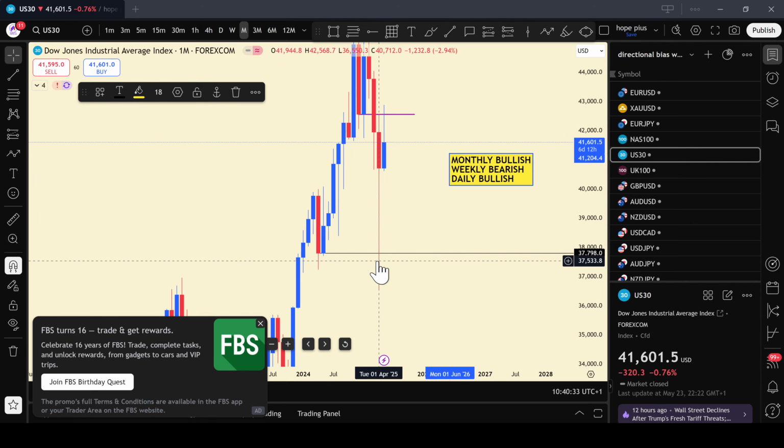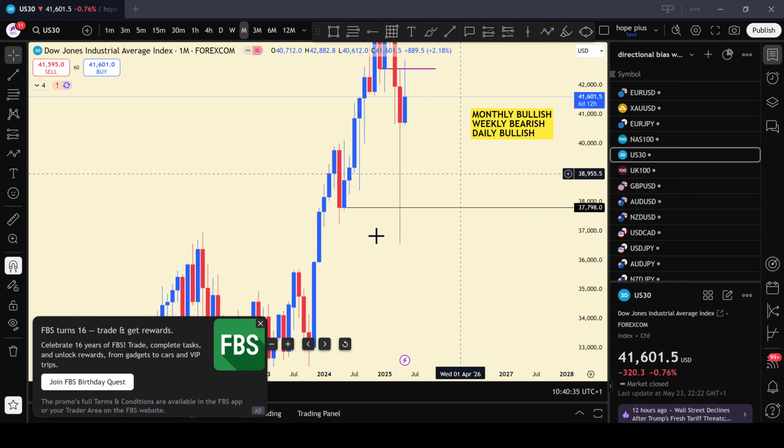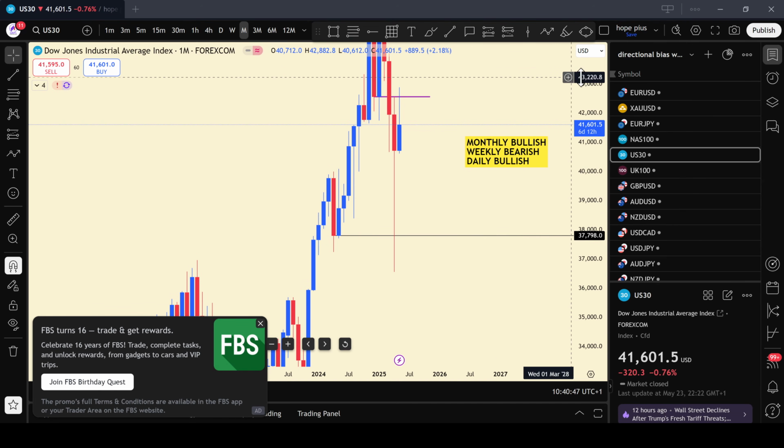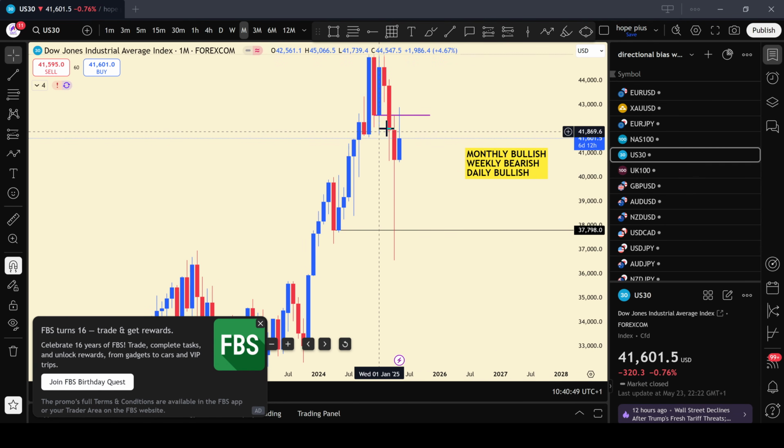If it closes below it, then it should go to the next opening price. Like if this closes below, the next opening price will be this to expect that rejection and turn around from the market.